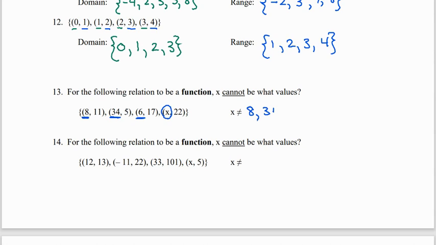Exactly, 34 and 6. Good, Max. Okay, if x equals any of those 3 x values we underlined, then we're going to have a duplicate, and therefore it's not a function. Does that make sense to everybody? Anything else is fair game. It could be 1005. It could be negative 72. As long as it's not one of the x values previously stated, then it will be a function.